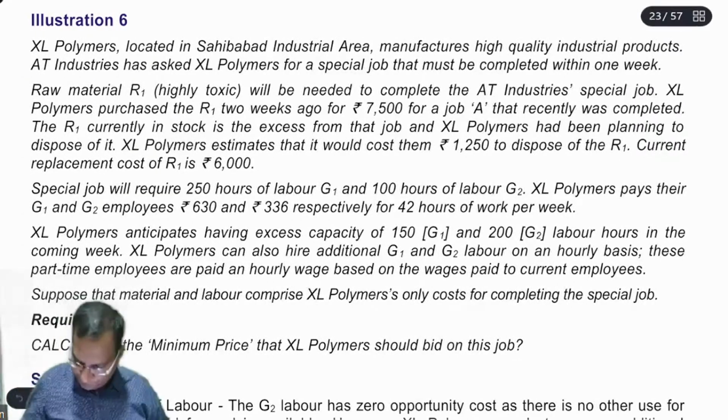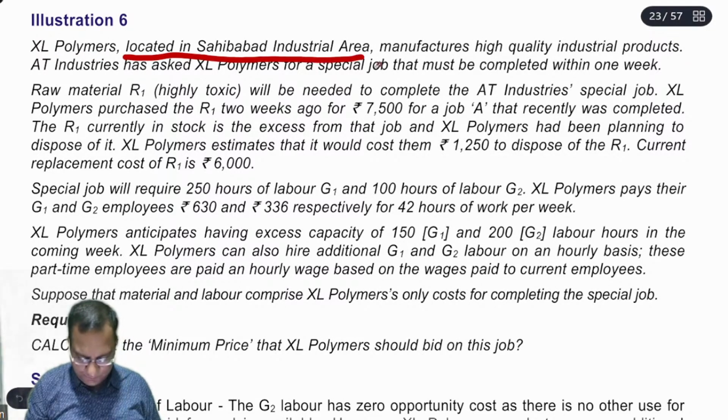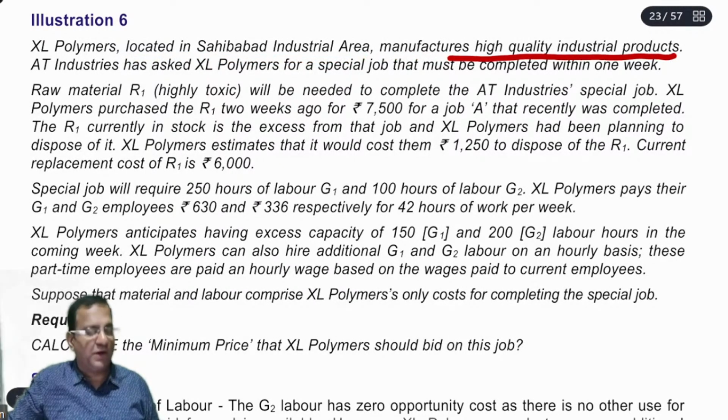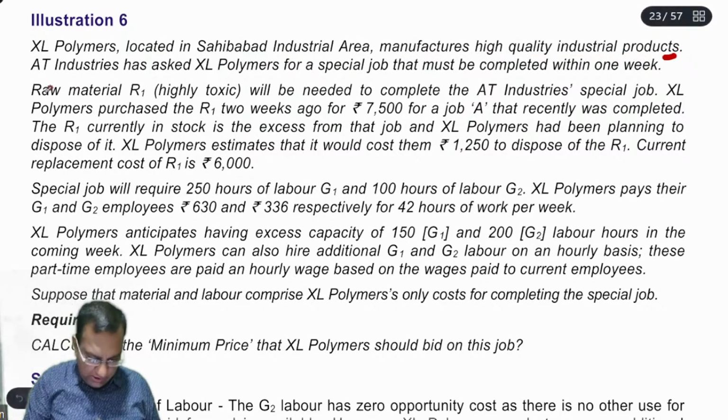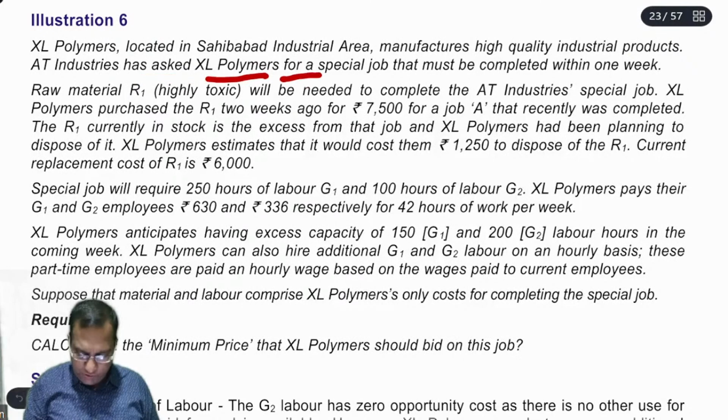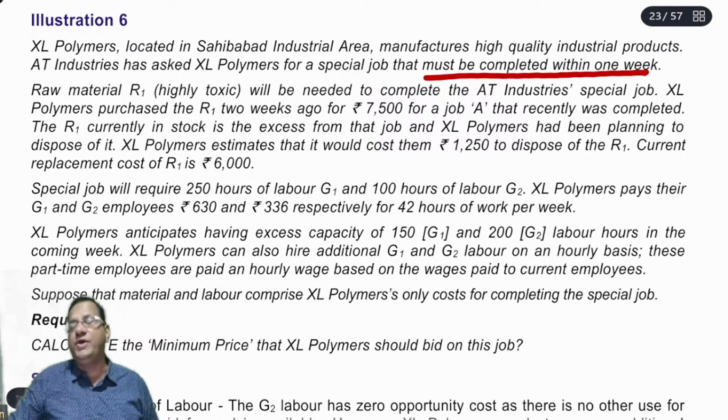Can we start? Look beta, Excel Polymer, located in Faridabad industrial area, manufactures high quality industrial products. AT Industry has asked Excel Polymer for a special job that must be completed within 1 week.